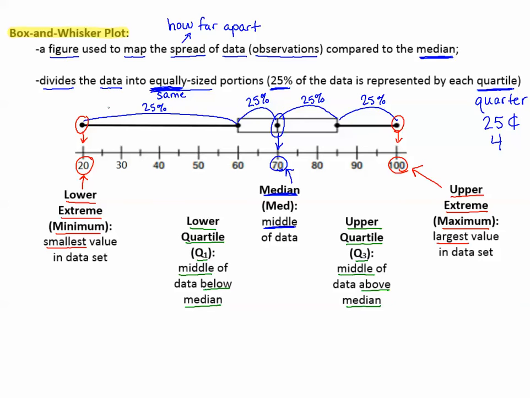So when we look at this half of the data, the point in the middle is right here. This middle point of the lower half is at 60. So 60 is the lower quartile. And then we look at the upper half, and the middle is this point right here, which is between 80 and 90. That's 85. 85 is the upper quartile.